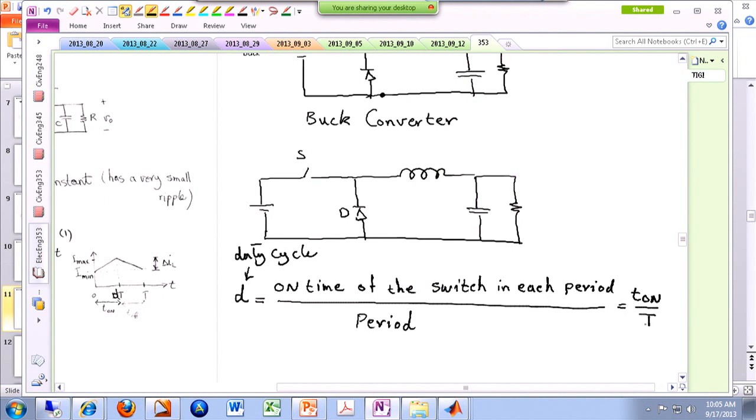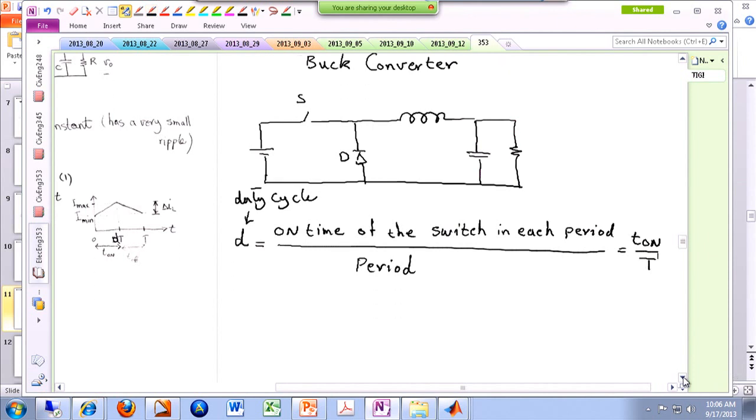Because whenever the switch is on, you are as if in position number 1, and whenever the switch is off, you are as if in position number 2. So technically, if this is the switch command, the command that the controller is applying to the gate of the transistor to turn it on or off, sometimes we are sending an on command, and sometimes we are sending an off command.